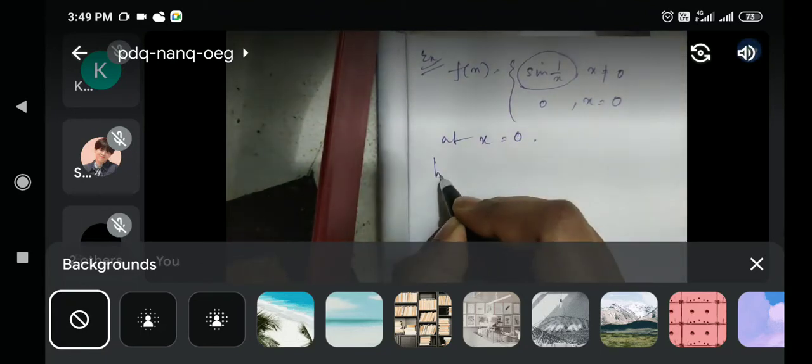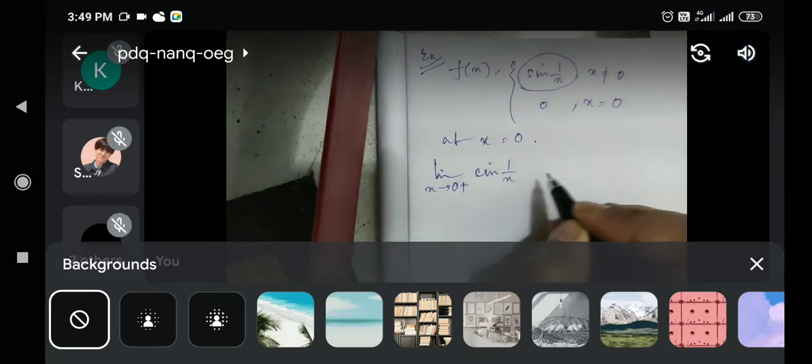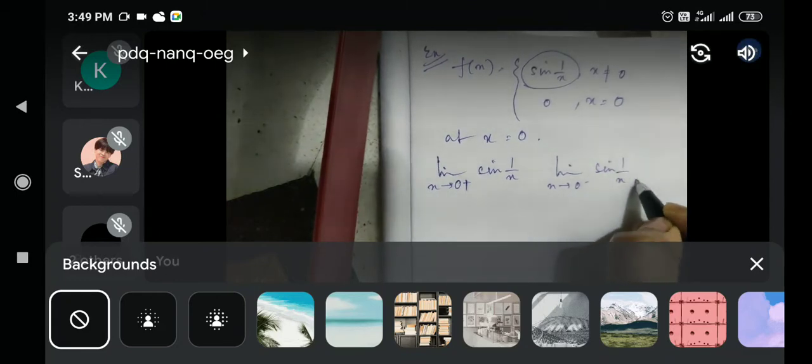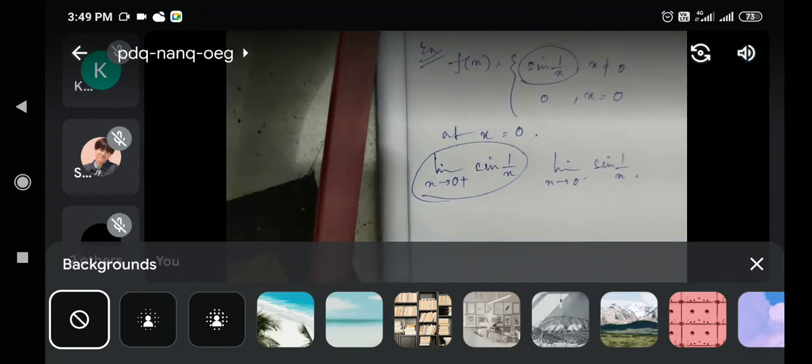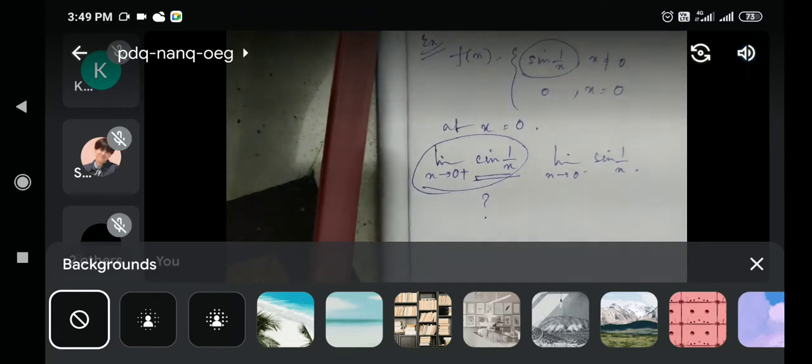You have to check limit x tending to 0 plus sin(1/x) and limit x tending to 0 minus sin(1/x). You have already calculated the limit as x tends to 0 of sin(1/x). What is the limit?